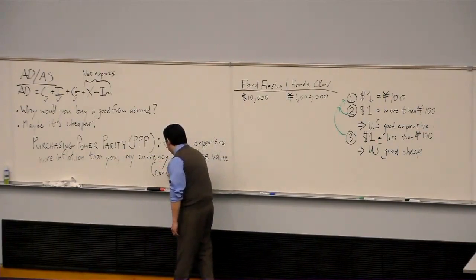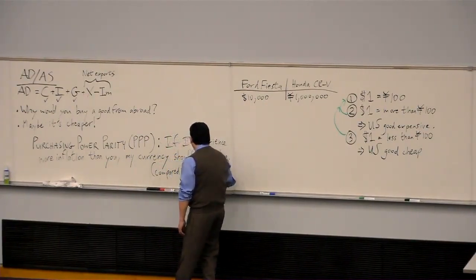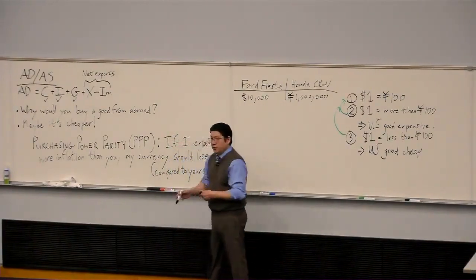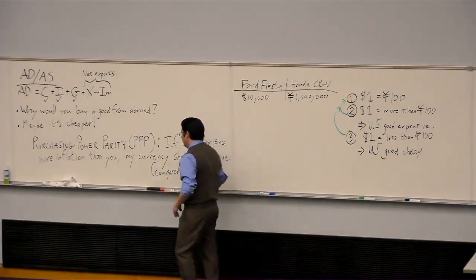Obviously, compared to yours. Right? There's always got to be a trade partner. There always has to be someone else with a different currency.